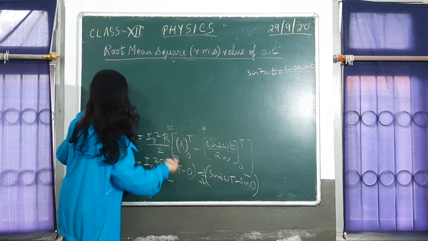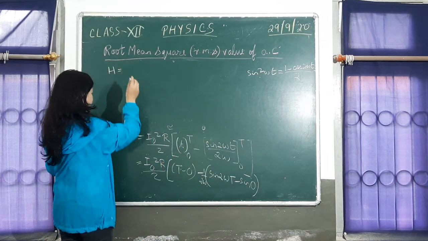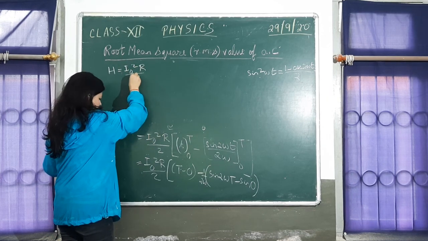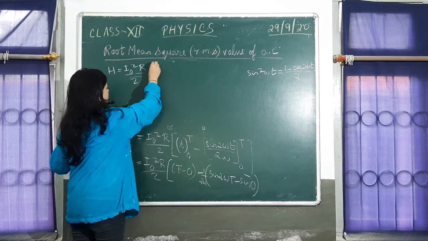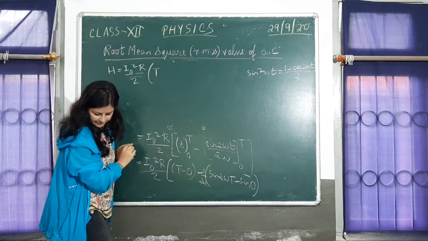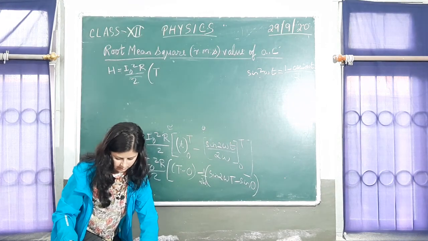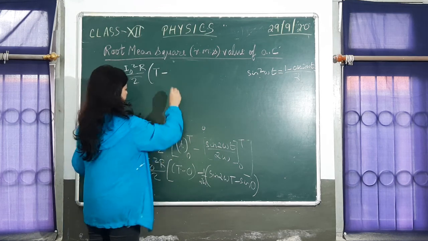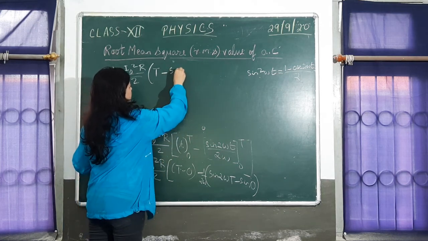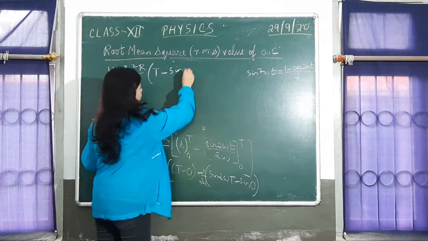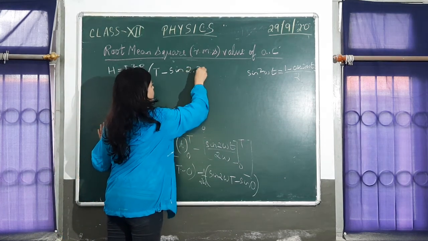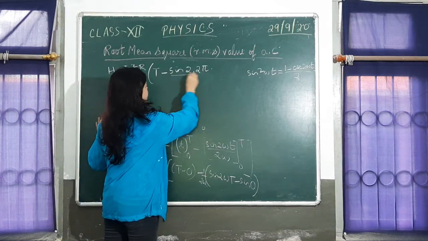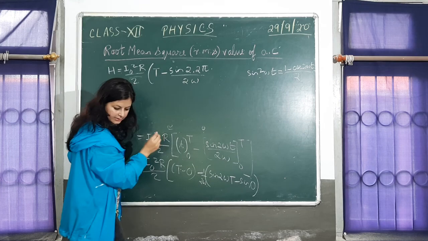After putting the limits we will get the heat generated in the time interval 0 to T is equal to I naught square R by 2, T minus 0 is T, minus sine 2 into 2 pi, because omega T is equal to 2 pi as we have done in the last class, divided by 2 omega here.